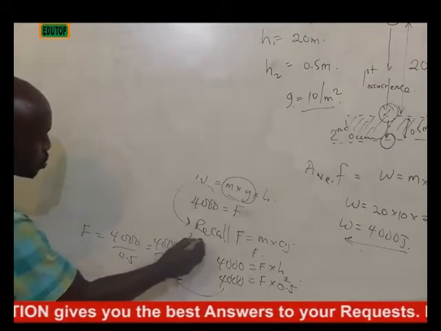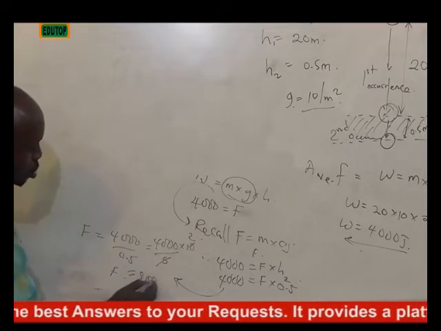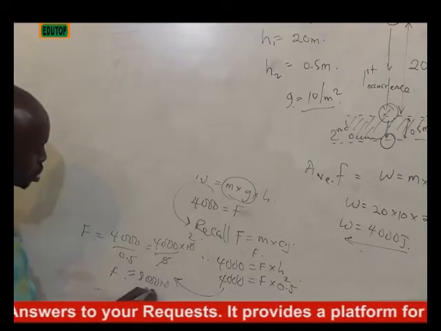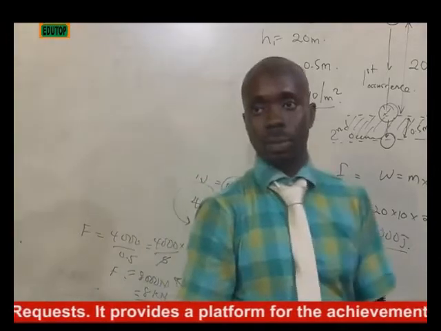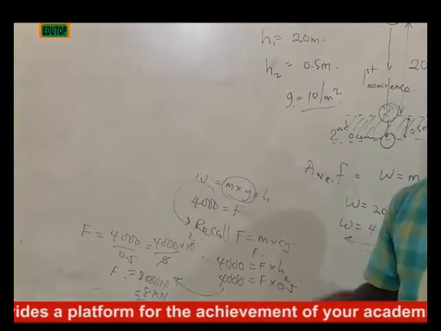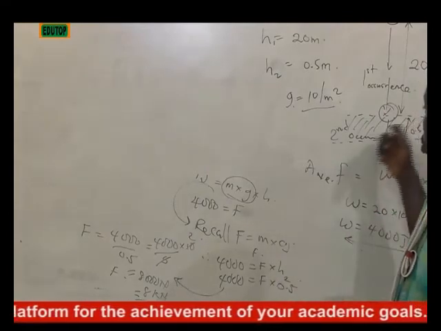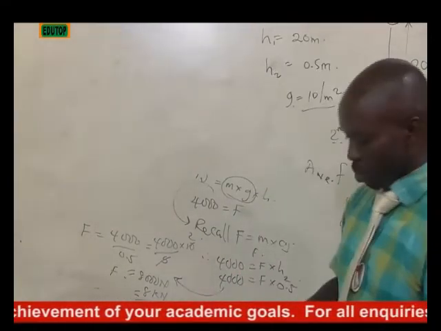If you divide it, you have 2. So your average force here is 8,000 newtons, which is 8 kilonewtons. That is the average force exerted by the body to penetrate the ground at this particular distance. So that's for question 1.